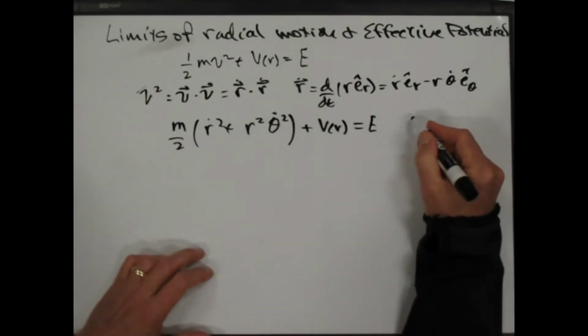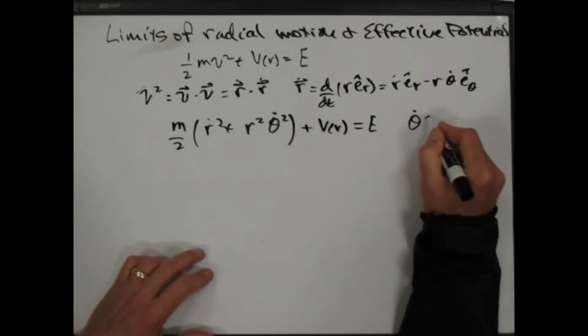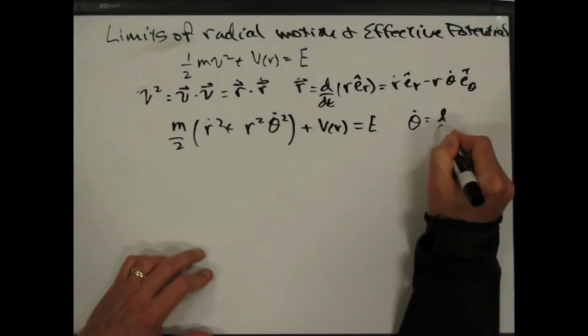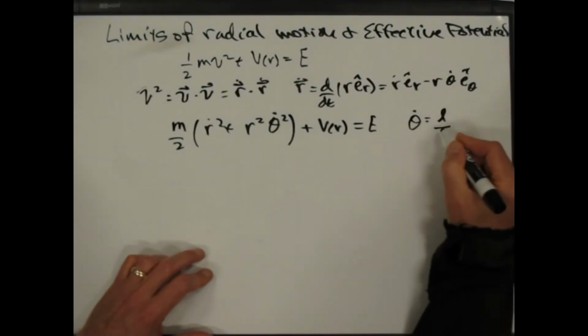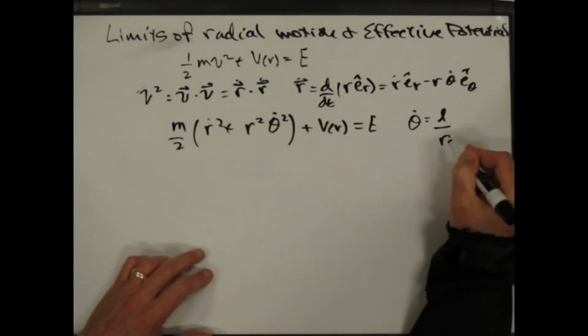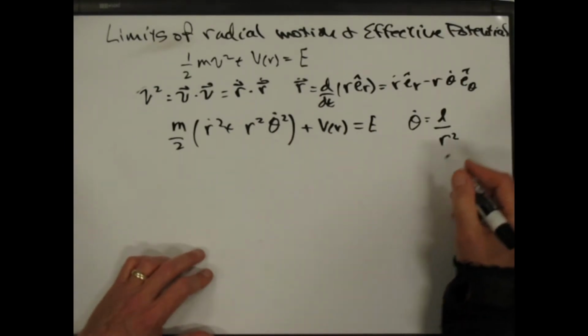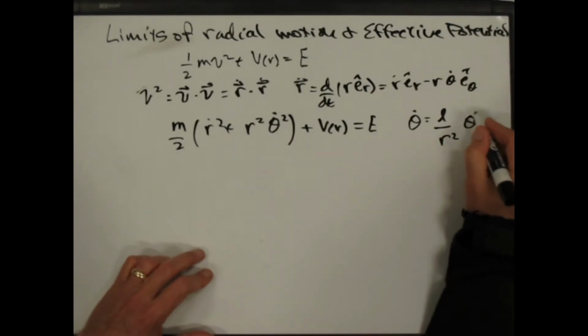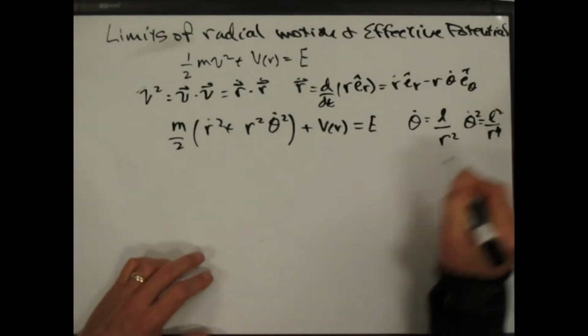And then we recognized from earlier in the chapter that theta dot was equal to L over m r squared. And so theta dot squared is L squared over r to the fourth.